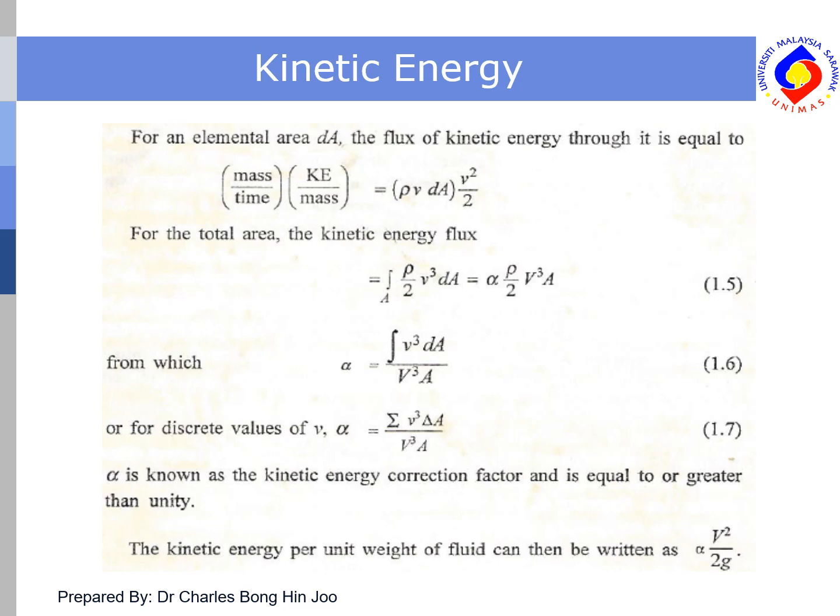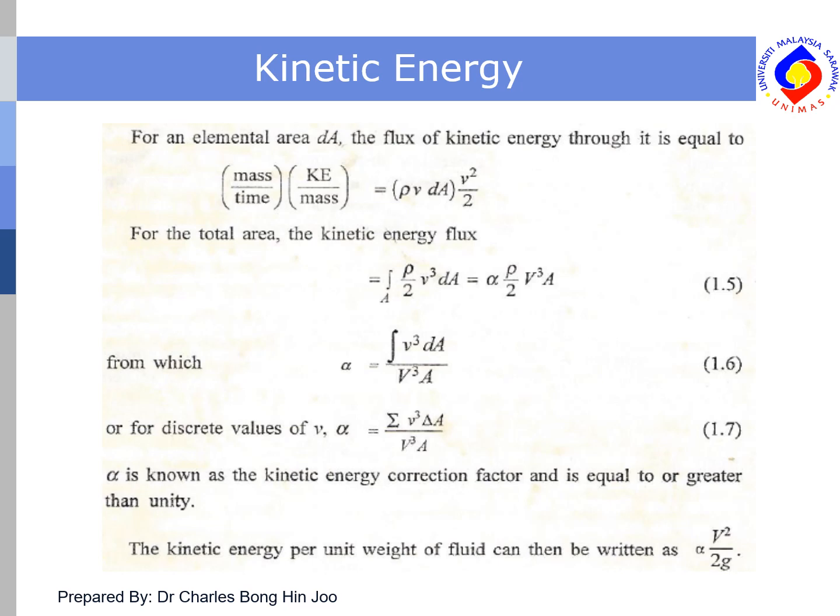As for the kinetic energy, for an elemental area dA, the flux of kinetic energy is equal to the mass over the time multiplied by the kinetic energy over the mass, while for a total area, the kinetic energy flux is as given in equation 1.5, which can be rearranged to get alpha, the kinetic energy correction factor, as given in equations 1.6 and 1.7.